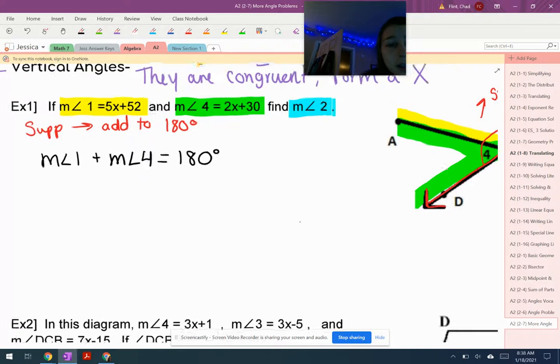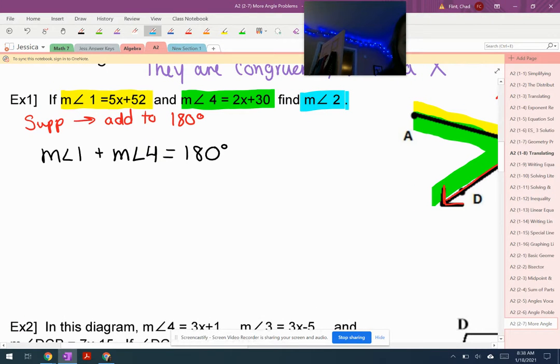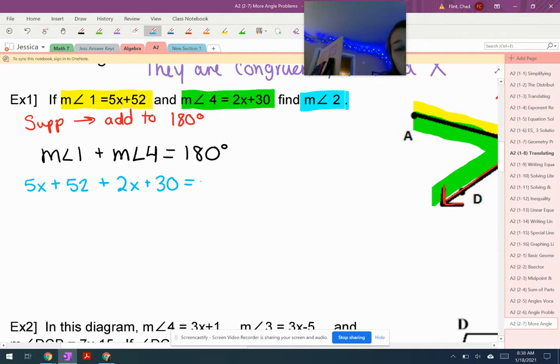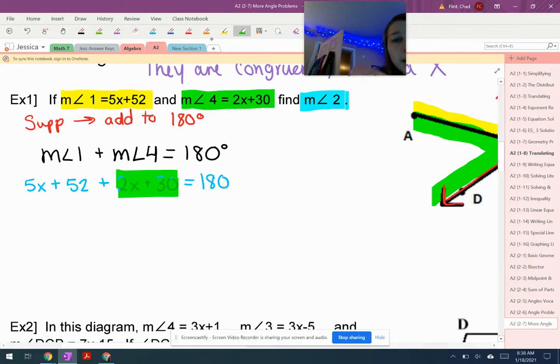So angle 1, 5x plus 52, plus 2x plus 30 is equal to 180. And just to keep that in line, there's my angle 4, there's my angle 5. Angle 1 plus angle 4 gives me that 180.